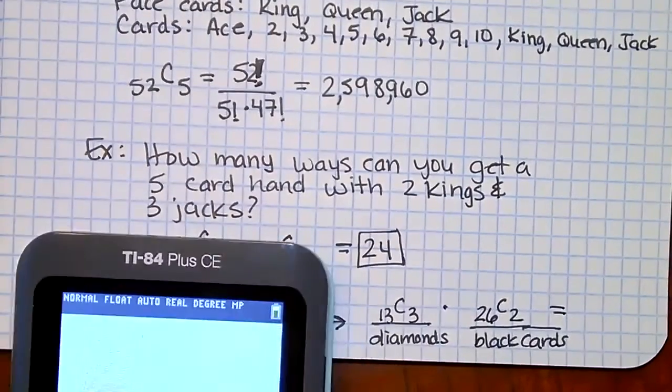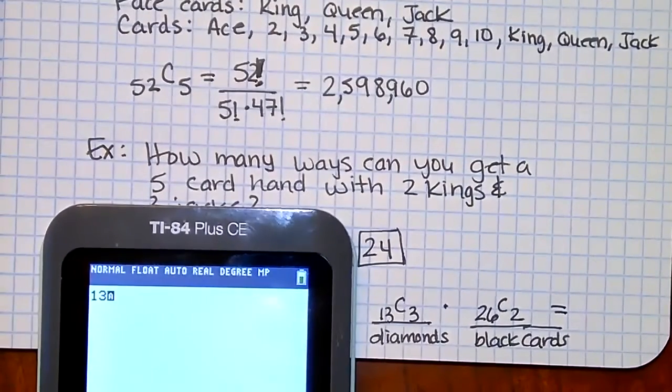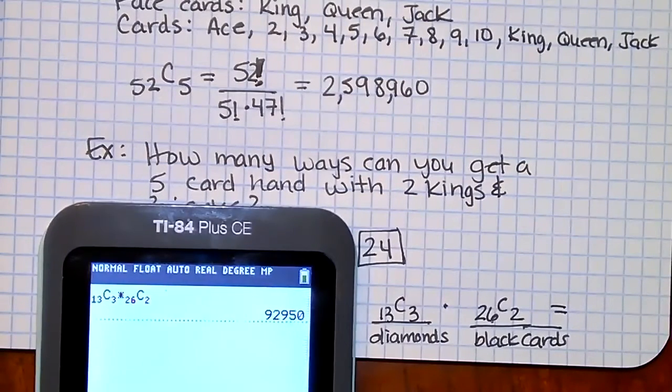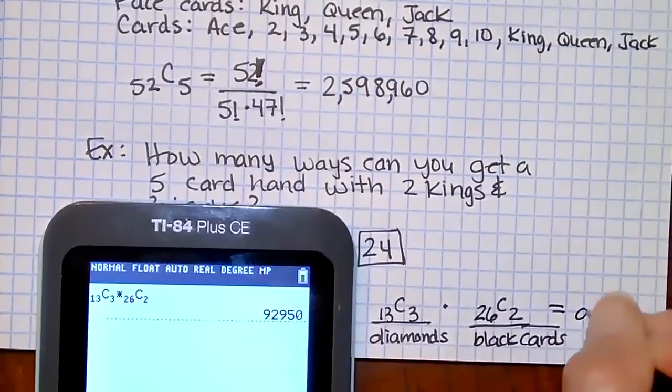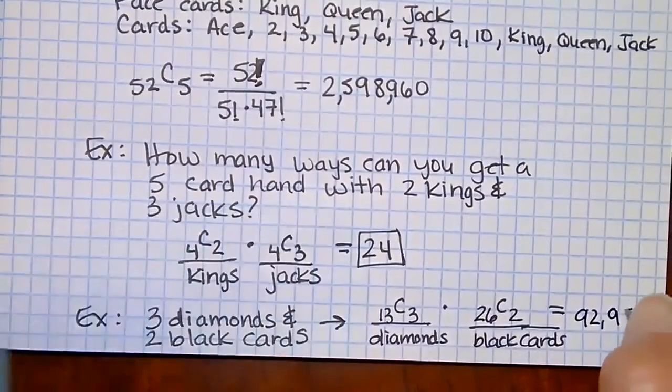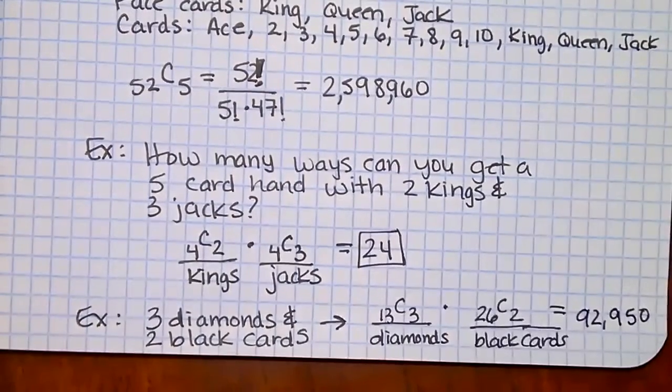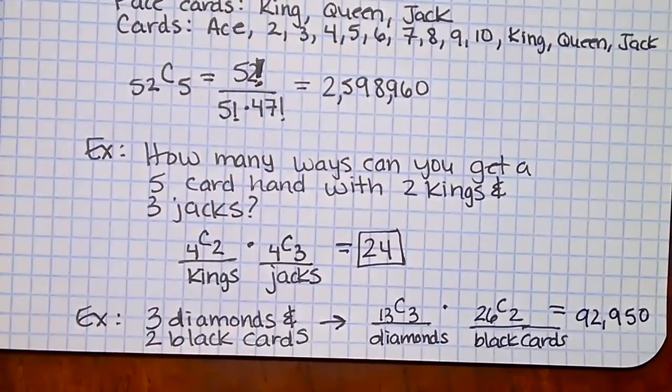So I'm going to be doing 13 choose 3 times 26 choose 2, and I end up with 92,950 different ways.